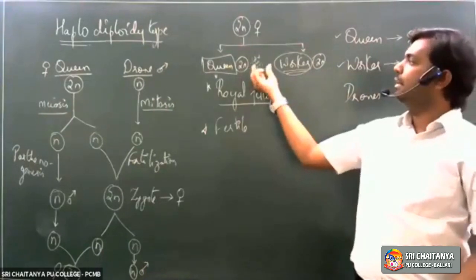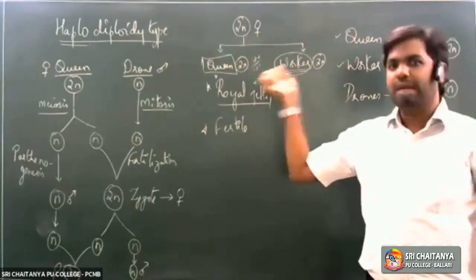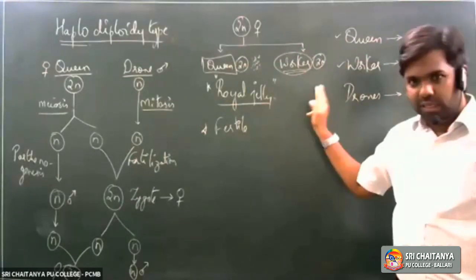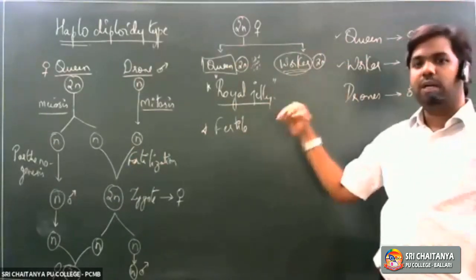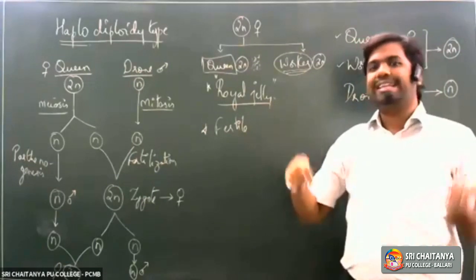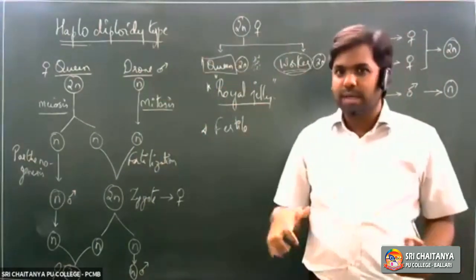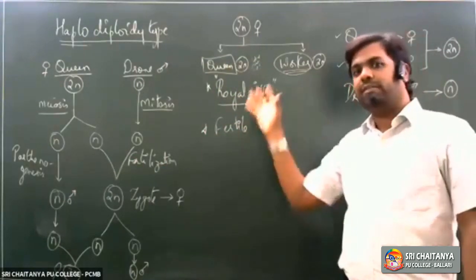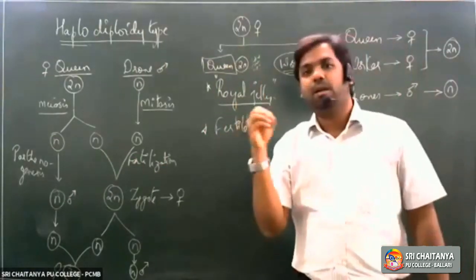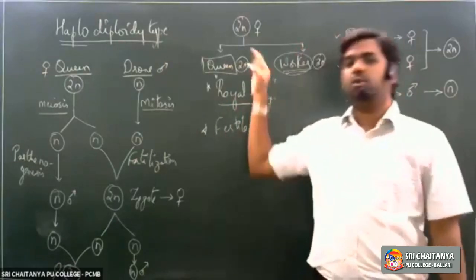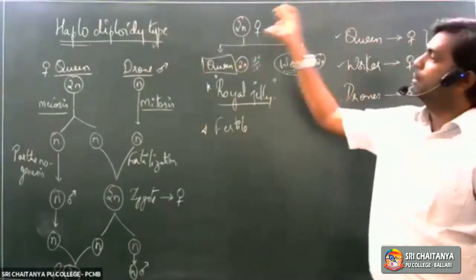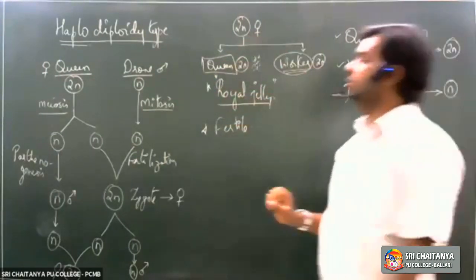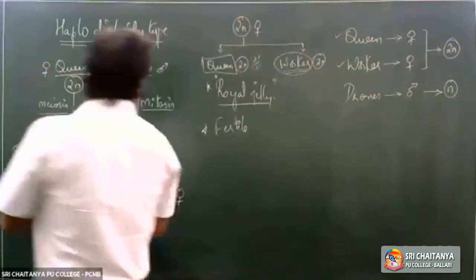The release of this chemical substance is an indication for the other workers, so that these workers would again select one female individual and start feeding it with royal jelly. Therefore, that female organism which is fed with royal jelly will again become the queen. So that's how the process of sex determination is done in honeybees.